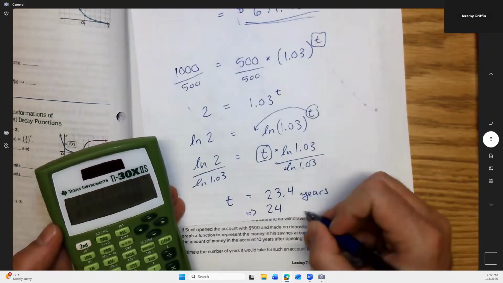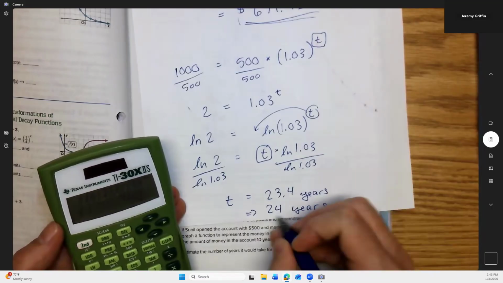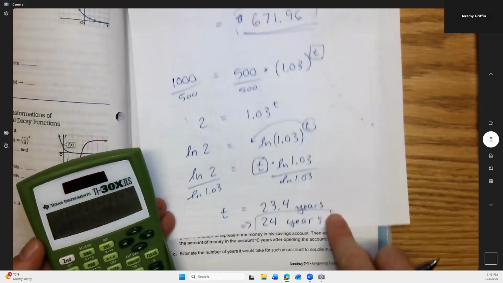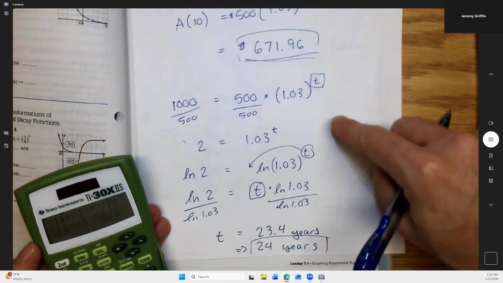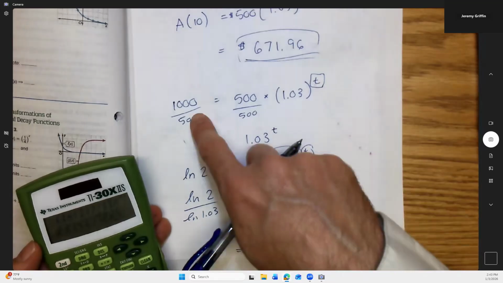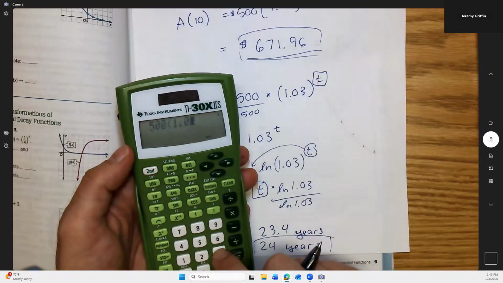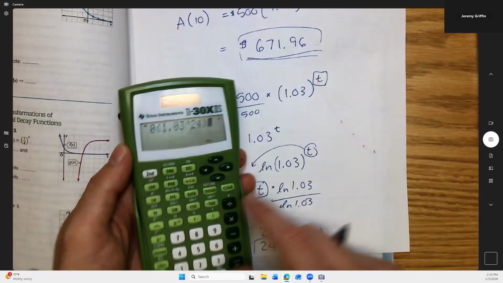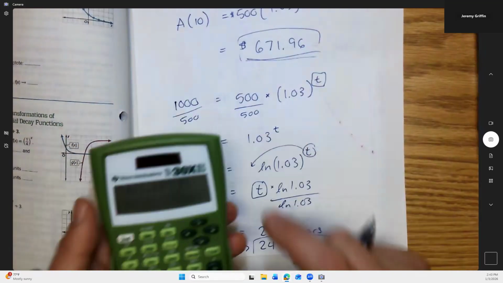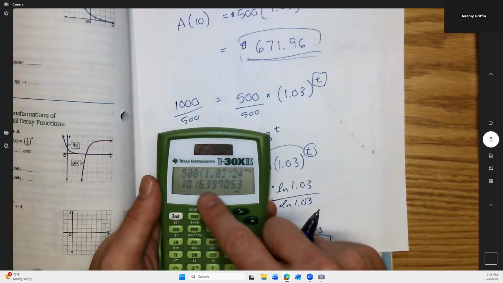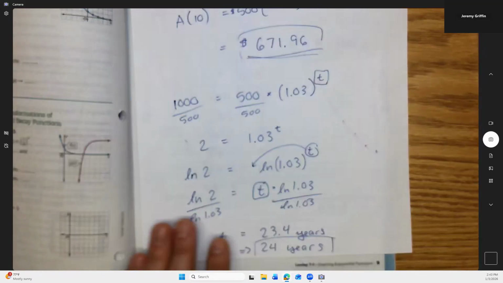Because you'd have to wait for the last year. So the answer would probably be 24 years. If I take 24 years and plug it back into the original statement, it should give me about $1,000, because 500 times 1.03 to the power of 24 years. Let's see if this dumps a little over $1,000. It sure does, $1,000 and change.